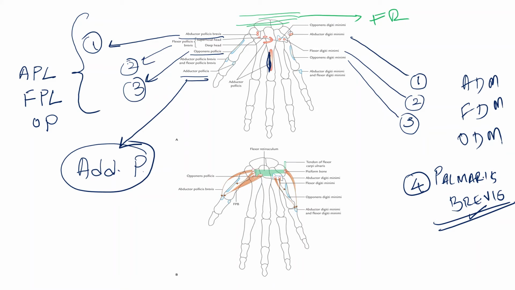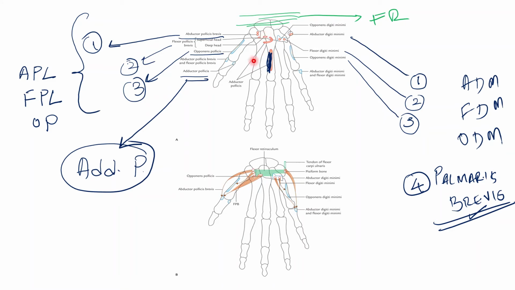I repeat, the palmar surface of the shaft of the third metacarpal bone gives attachment to the transverse head of the adductor pollicis, whereas the oblique head of this adductor pollicis takes its origin from the capitate and the trapezoid bone. The capitate and the trapezoid bone give attachment to the oblique head.